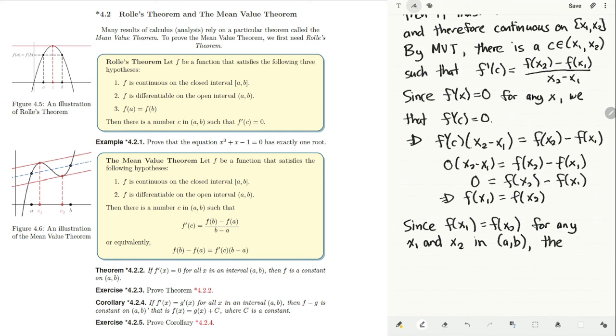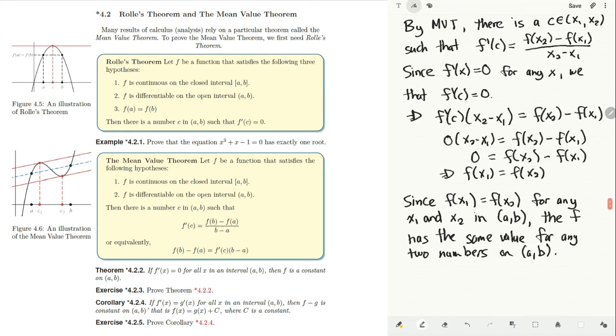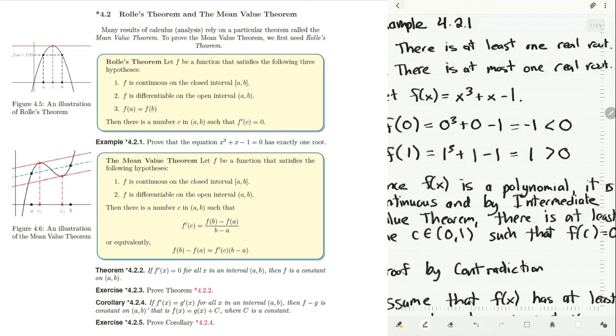That tells us that f is the same value for any two numbers on the interval from a to b. And so this means that f is constant on that interval.